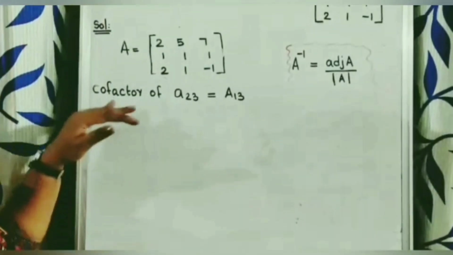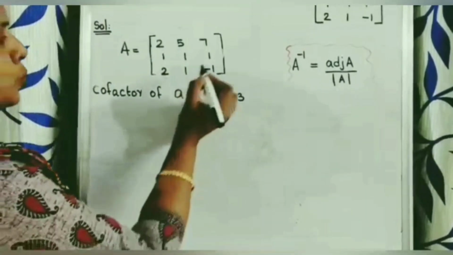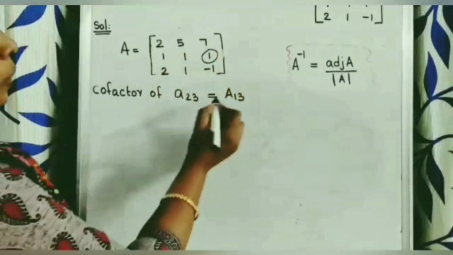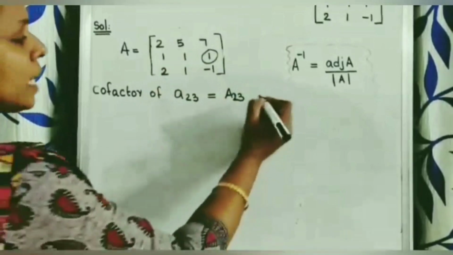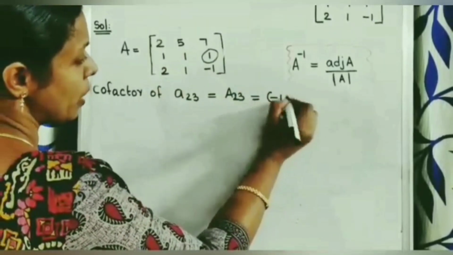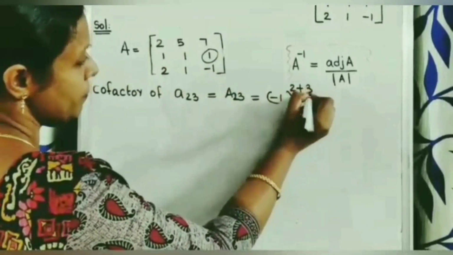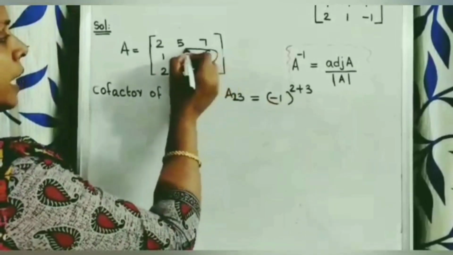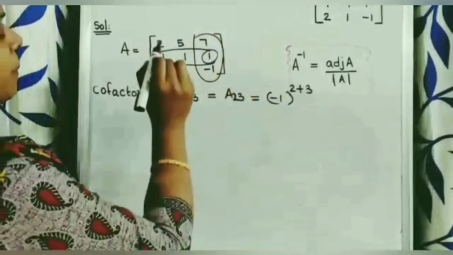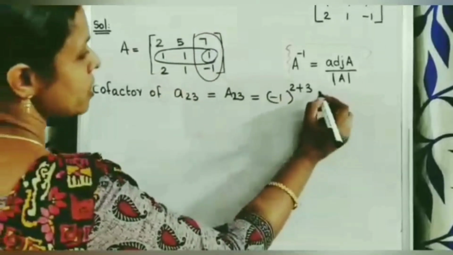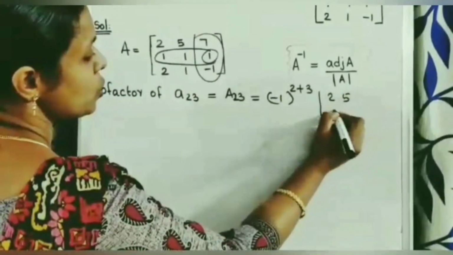Next we find cofactor of A23. Here A23 is 1. We denoted it as capital A23. That is equal to, we can write negative 1 whole raised to 2 plus 3. Here we eliminate second row and third column. Remaining elements are 2, 5, 2, 1. Determinant 2, 5, 2, 1.